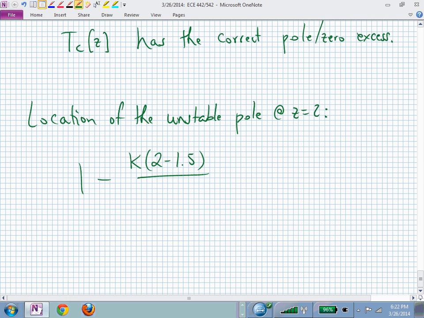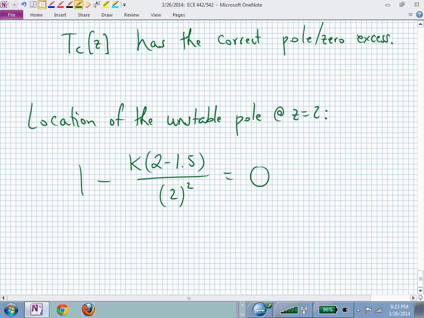Downstairs it was z, quantity squared, and z we're saying is 2. We want that to be equal to 0. Is it clear where that came from? That's restriction 3. We need that expression to be 0 so that we don't have our controller trying to cancel that unstable pole. That's the whole point of this restriction.